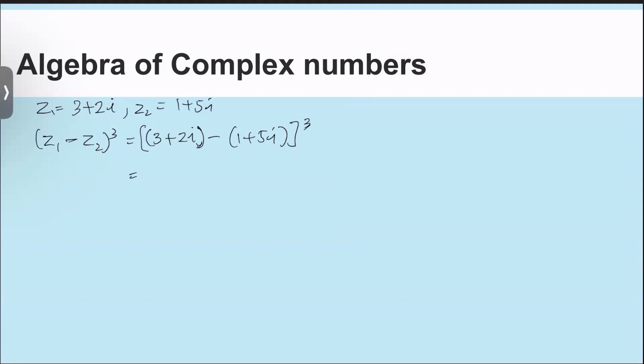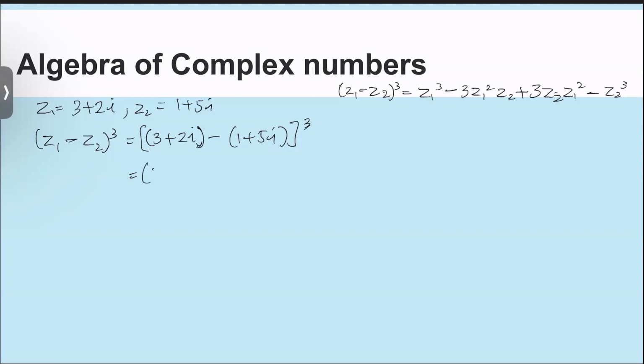Okay, so now let's expand this. I will just write the identity that we will be using. The cube is equal to z1 cube minus 3 z1 squared z2 plus 3 z2 z1 squared minus z2 cube. Okay, so this is the identity that we will be using.